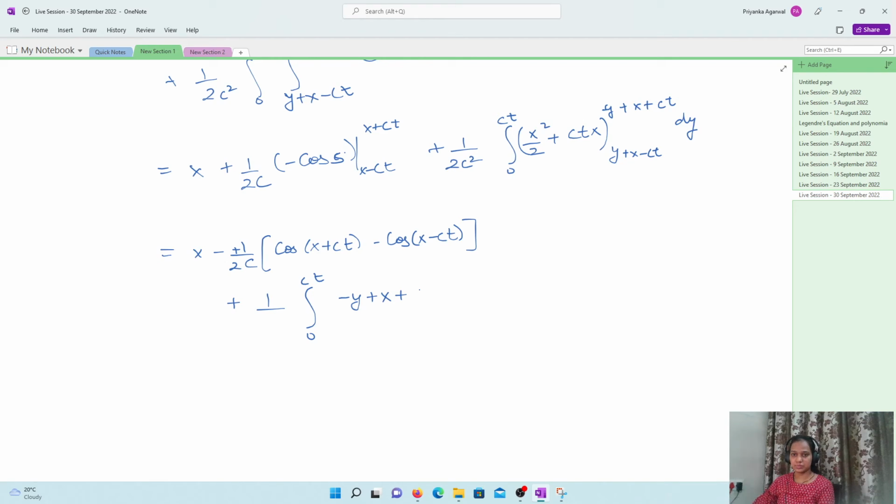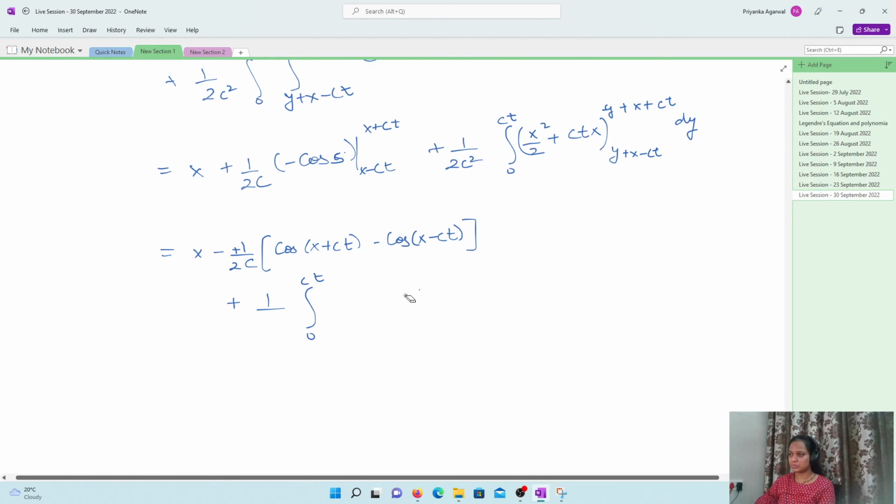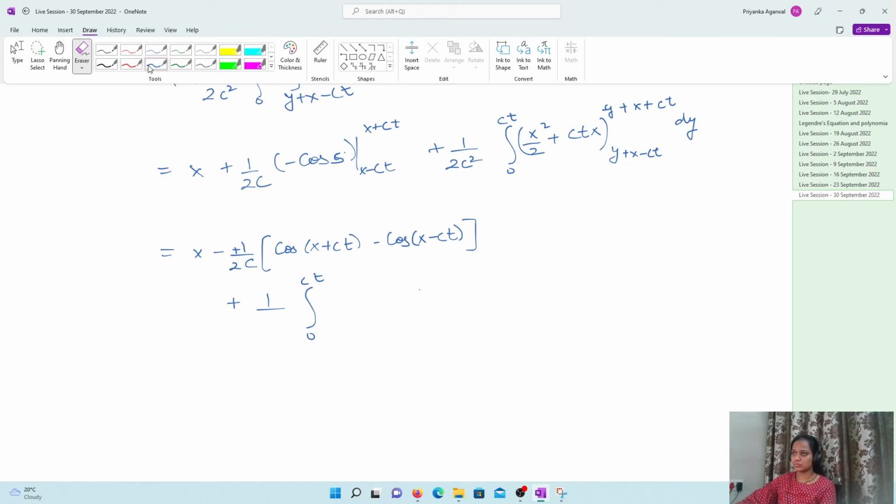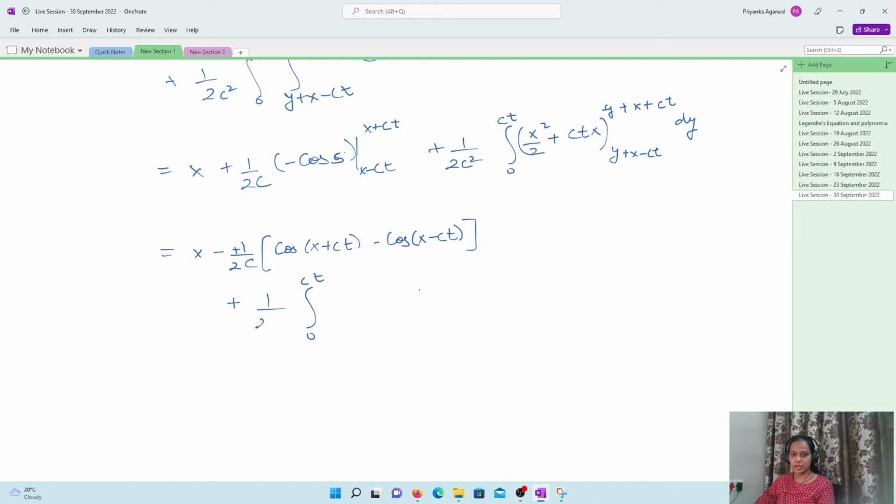If you solve, this becomes 1 by 2c square times x ct minus y plus minus y plus 2ct dy.